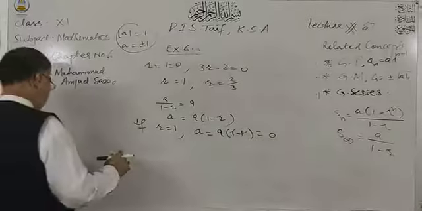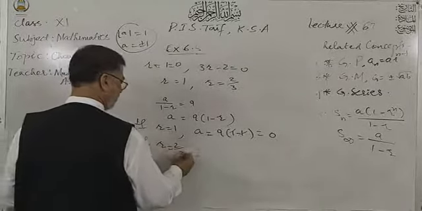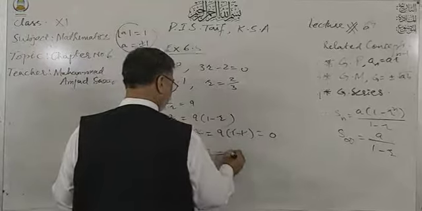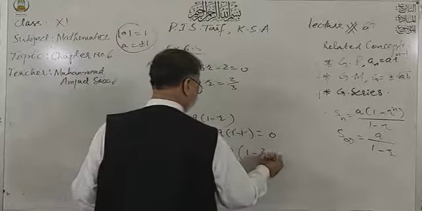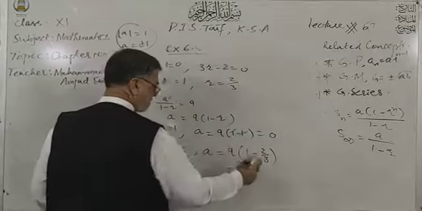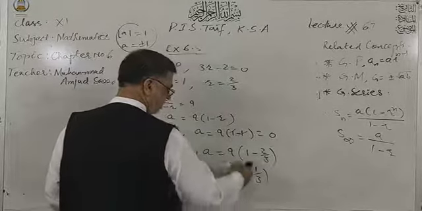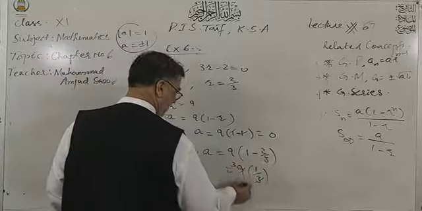If r = 2/3, then a = 9 into (1 − 2/3). 3 minus 2 is 1, so that is 1/3, and 3 threes are 9. That is 3.